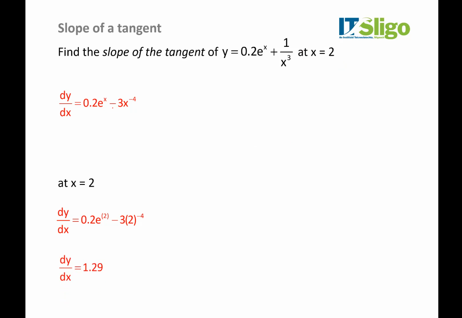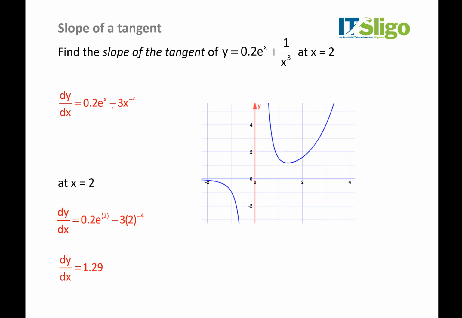And there's our answer. Now if we were to draw a graph visually, that's what the curve looks like. You can see it's quite unusual, and we're interested in what's the slope here. And we've just worked out that it's 1.29 after a bit of rounding, obviously. We could go to 10 decimal places if that was required.